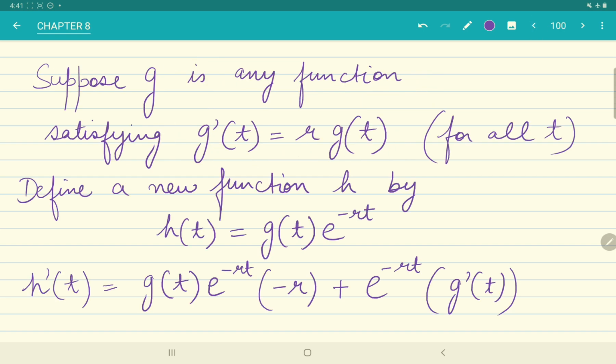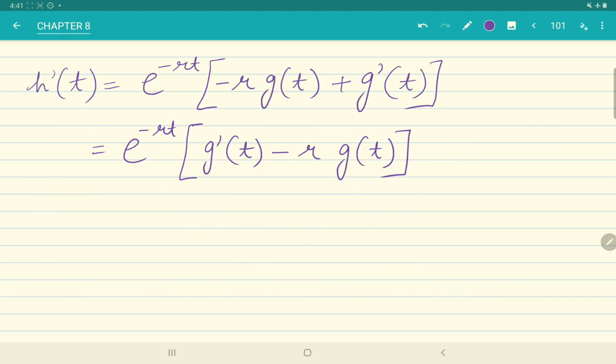Now I have supposed g to be a function which satisfies g prime t equal to r g of t. That means h prime t is actually going to be 0 for all t. And that just means h of t is some constant a.